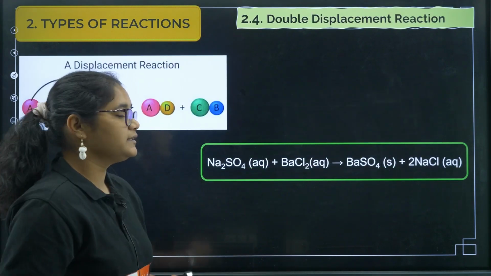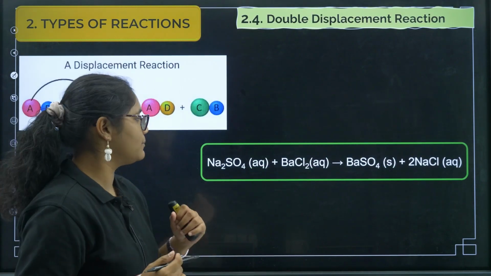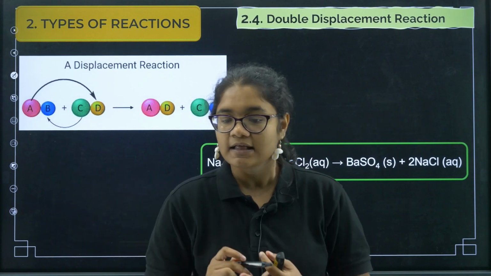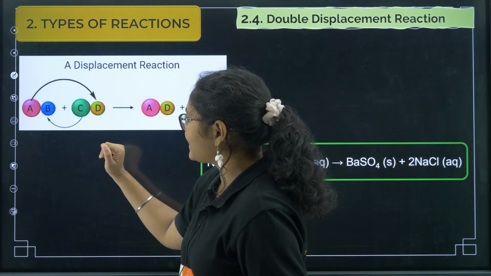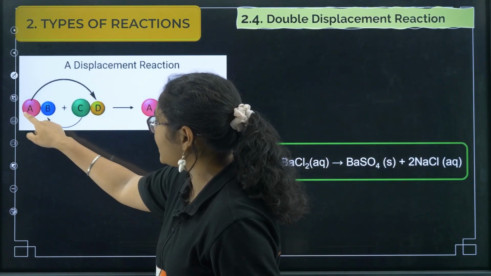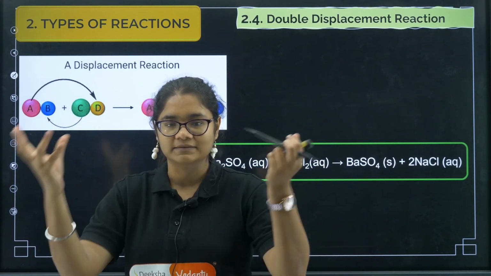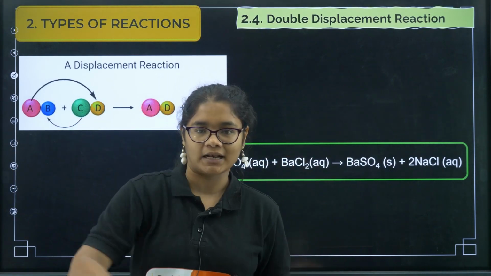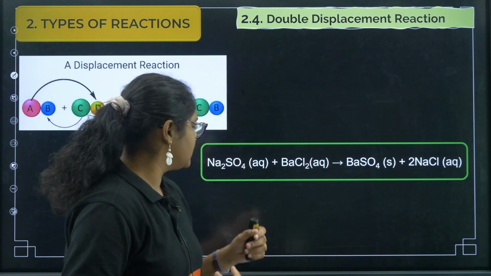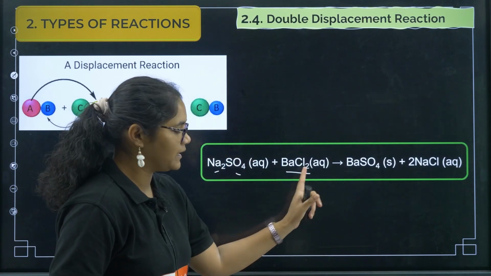Now the next reaction is double displacement reaction. Here, suppose AB and CD are reacting. C will come here and A will go there, so we get AD and CB. Two displacements take place: one comes here and another goes there. As an example, you can see Na2SO4 and barium chloride.